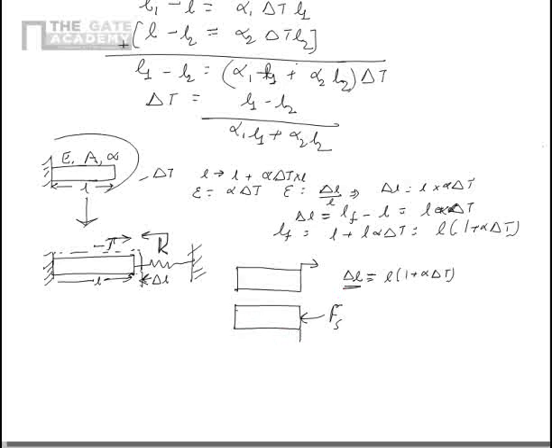So this was originally here and it finally becomes delta L dash. We can say it first expanded to the whole length, which it would have done under free expansion, and then it got compressed by the spring force. Now at the equilibrium condition, the spring force is equal to the spring constant multiplied by the change of length of the spring, which is nothing but delta L dash.